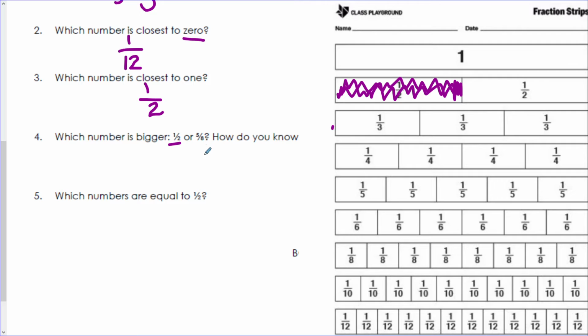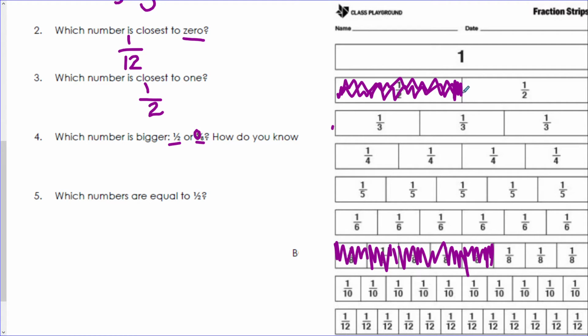And I want 5/8. So I'm going to find your 8s, and the numerator, here's your top number, says I want 5 of them. So I want 1, 2, 3, 4, 5. All right. Which number is bigger? So I'm going to look here.